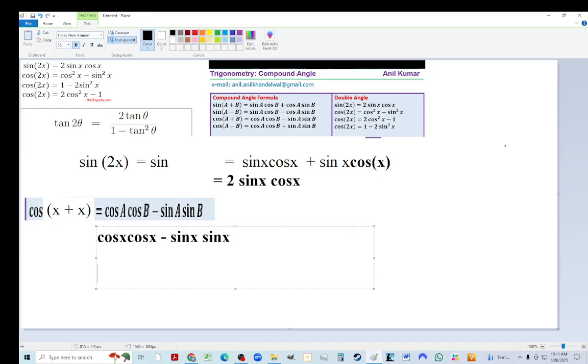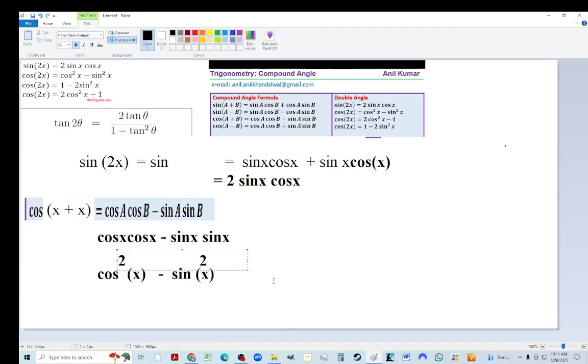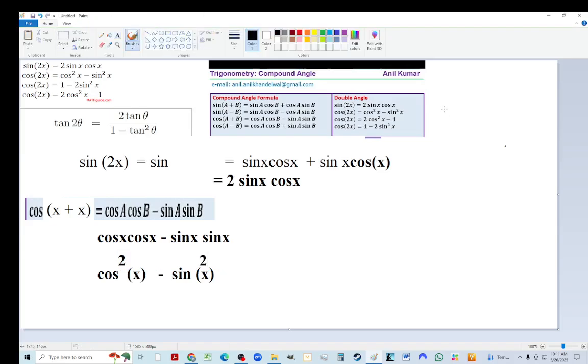And that's the same as cos x squared minus sine x squared. And that's the first double angle you have for cos right there. And I think I already taught you that all they do is replace this with 1 minus cos squared or this with 1 minus sine squared to come up with the other two.